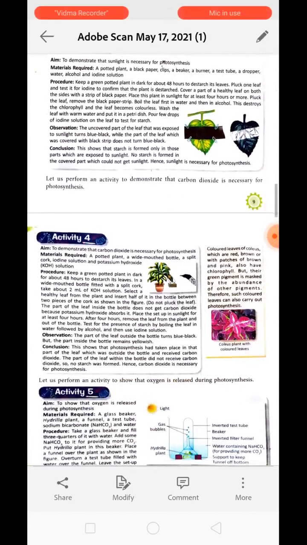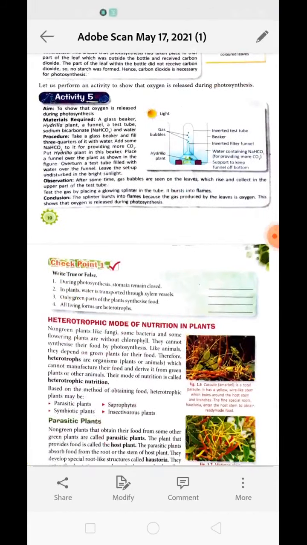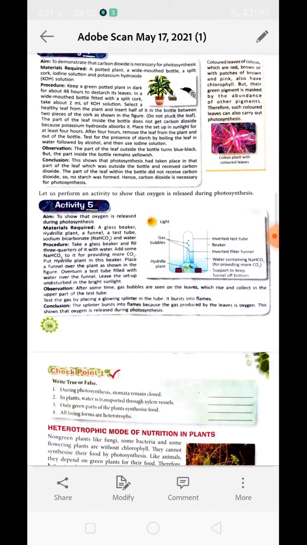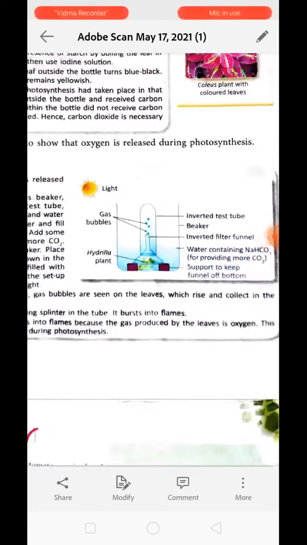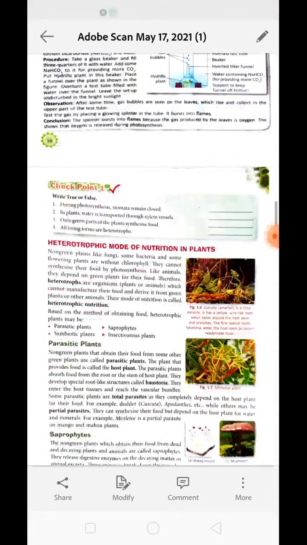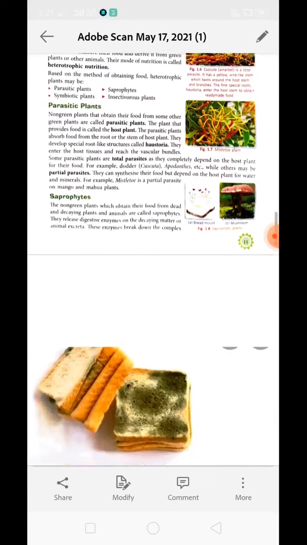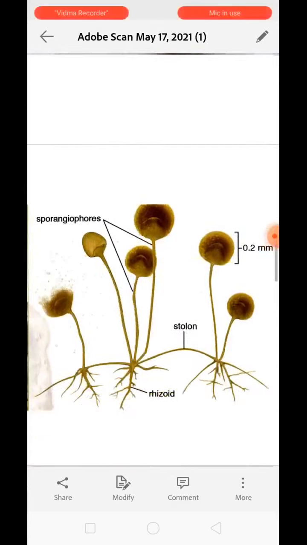We have seen several activities to prove that sunlight, carbon dioxide, and chlorophyll are essential for photosynthesis. We have also seen that during photosynthesis, oxygen gas is liberated. In heterotrophic nutrition, we have seen different types like parasitic, saprophytic, symbiotic, right?